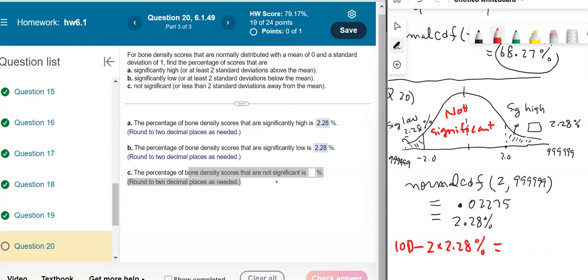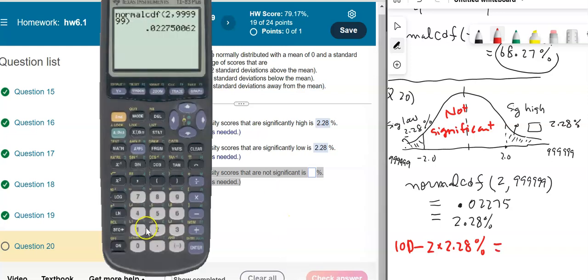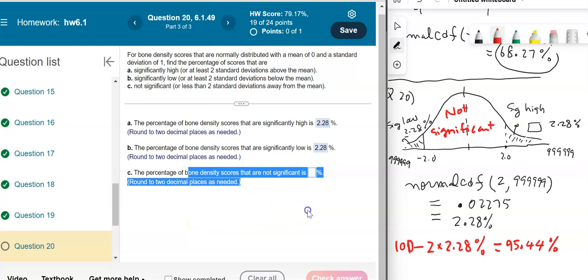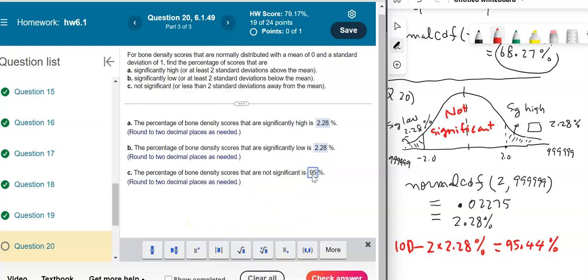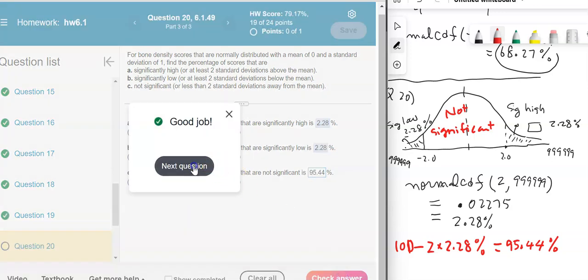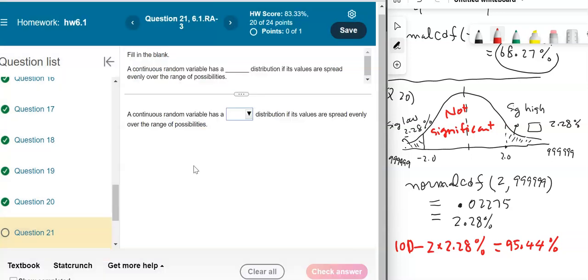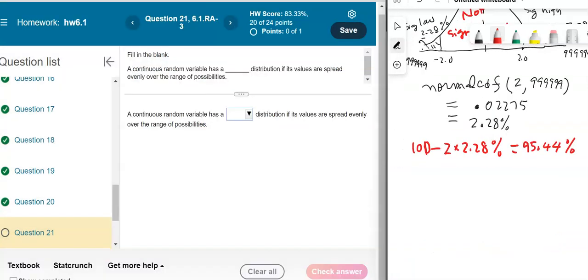So 100 minus 2 times 2.28, which is 95.44%. So you just have to say 95.44%. Okay, that is 20, and then 21.